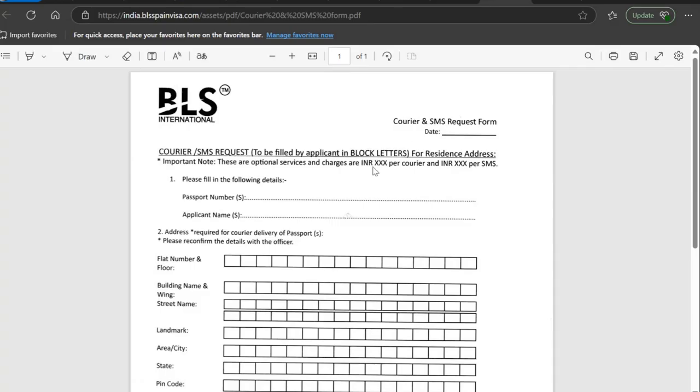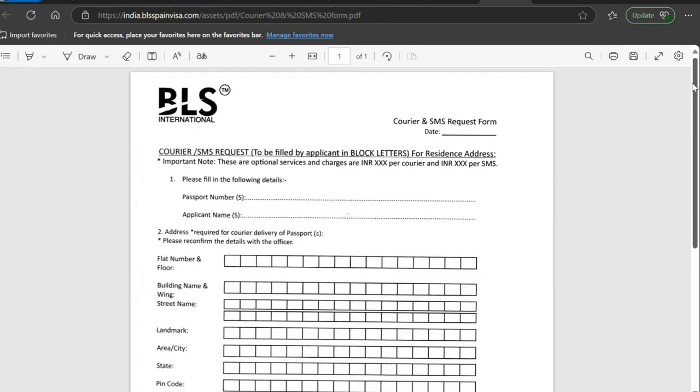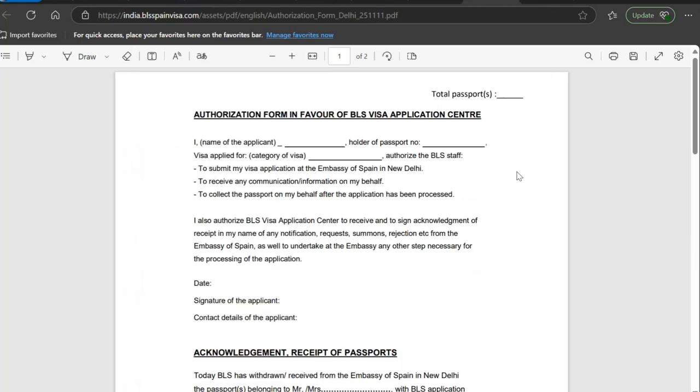If you want, put very simple passport number, applicant name, your address. Yeah. SMS if you want, then your name, your country, Indian passport number, whatever it is. Send my document through third party on my behalf. Okay. Basically, this is a waiver that BLS is not going to be liable in case anything is lost.